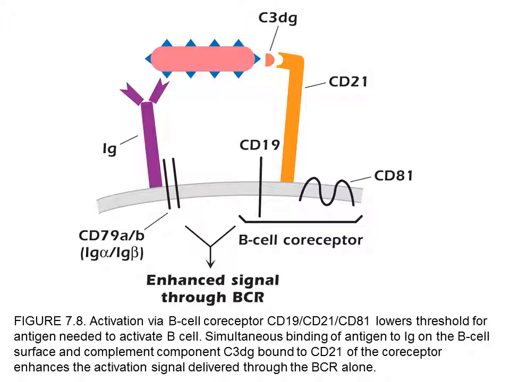And we need to fight bacteria, and B cells are there to help. So this is something that we learned from B cells, how we enhance the signal through the BCR. So remember for now, the co-receptors are there, and when they get engaged, they enhance the function of the B cell. Okay?